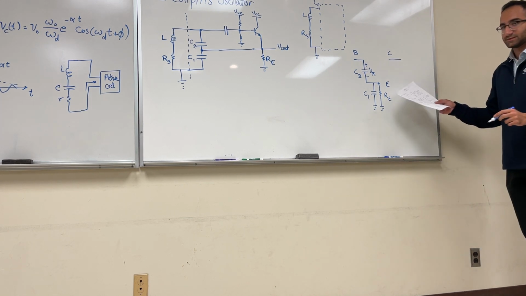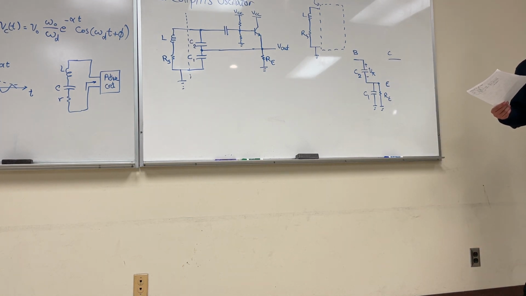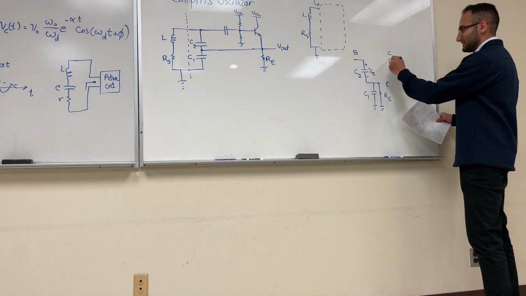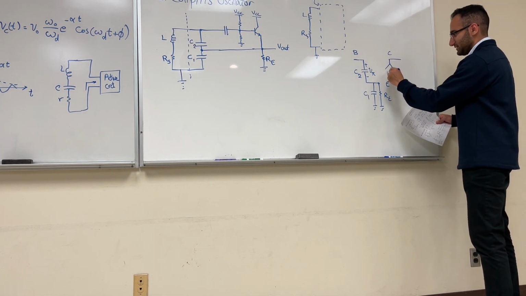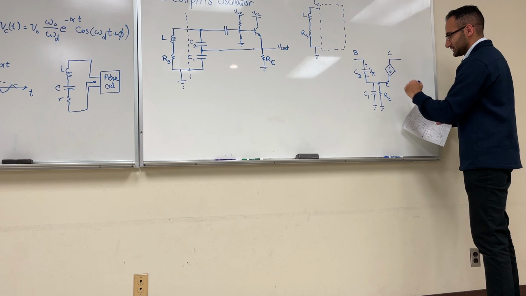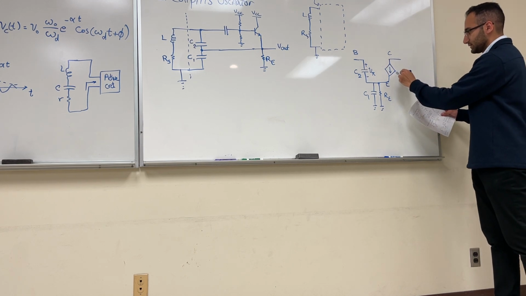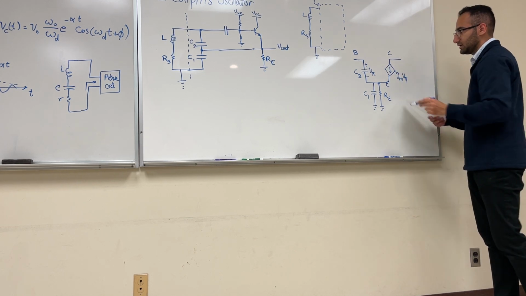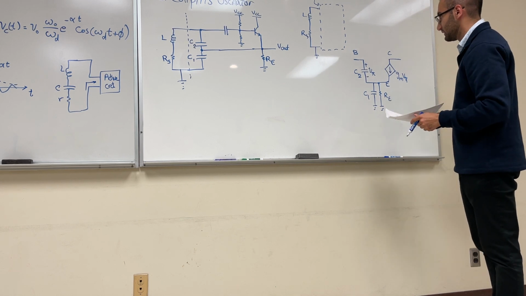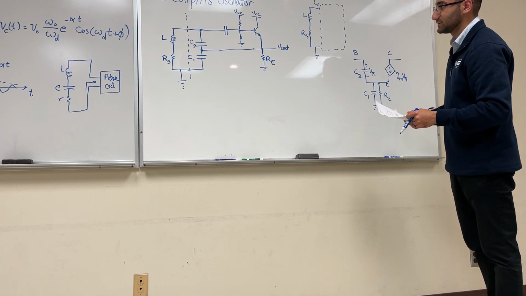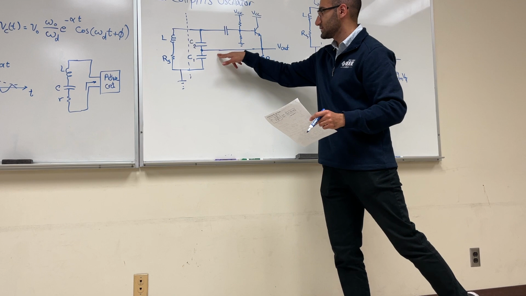And then between the collector and emitter, we said we will have a current source. You remember? So this is our current source, which is generating gm V pi. And of course, between the base and emitter, we have our C2, which is this here.